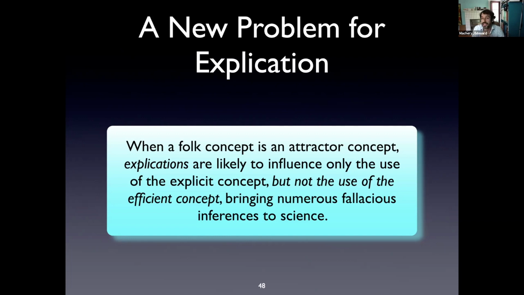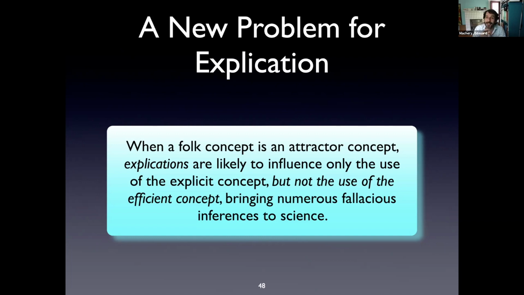And when the manifest concept breeds unreliable inferences, then explication is going to result in the survival, one might say, the import of these unreliable inferences in the realm of science.